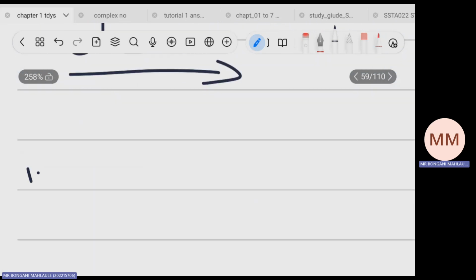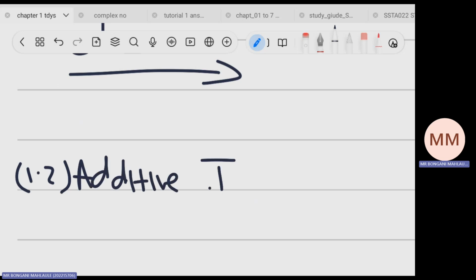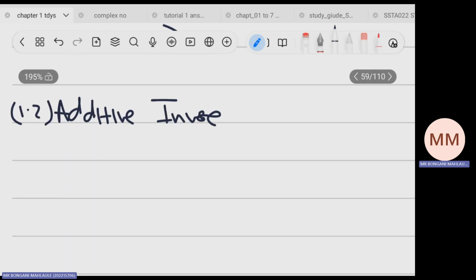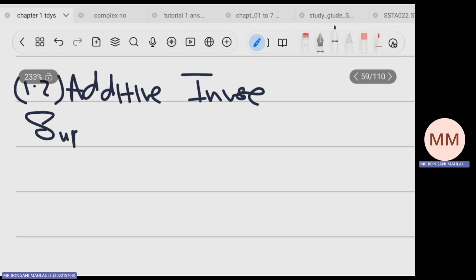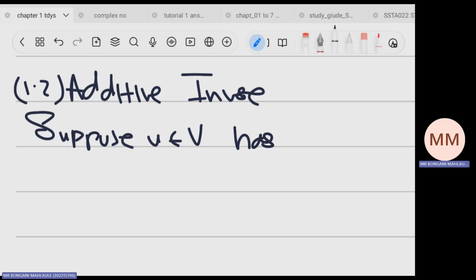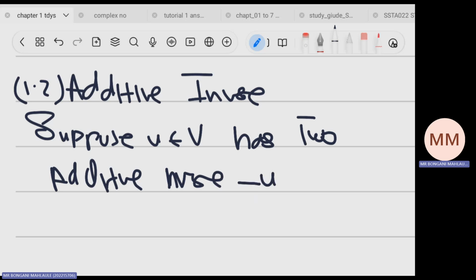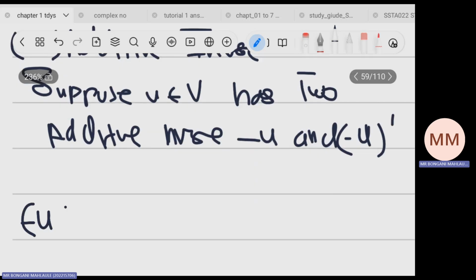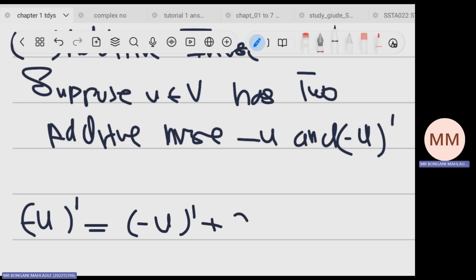Then I come to the second one, which is the additive inverse. Now I'm going to say suppose U is an element of V, it has two additive inverses, negative U and negative U prime. Then you'll say negative U prime will be equal to negative U prime plus 0.